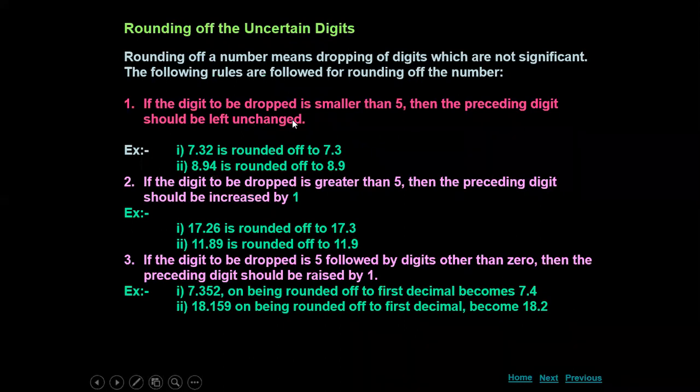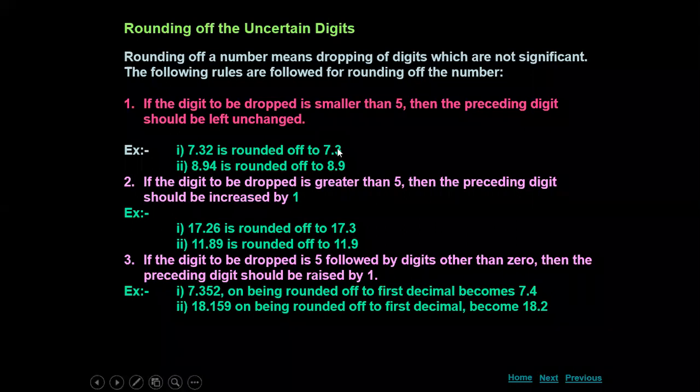So here we call it a round down. And if we increase it, like 17.26 became 17.3, here we are increasing, so we can call it a round up. Instead of that confusion, I directly used the term rounding off.